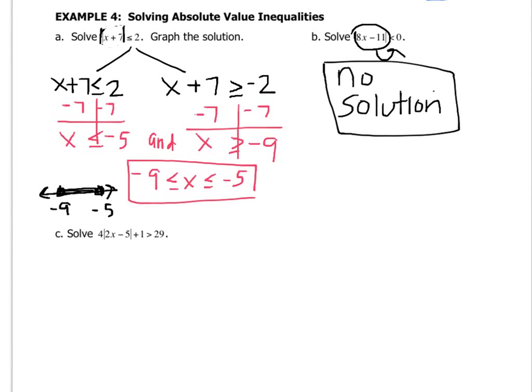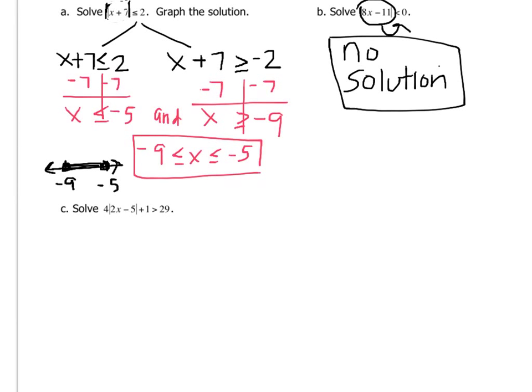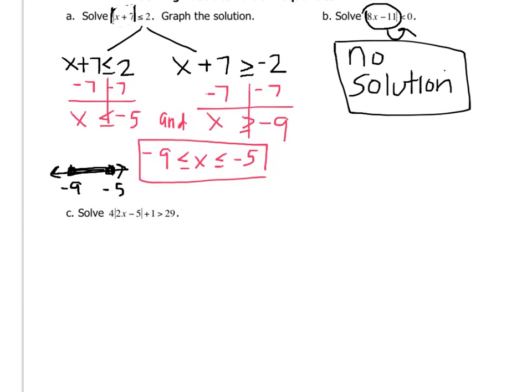In letter C, we have a lot of things going on. We've got multiplication, we've got addition. Just like if I had the equation 4x plus 1 is greater than 29, we would say, well, get everything away from the x, right? Subtract 1 and then divide by 4. You want to treat the absolute value as the x. You want to say, I can't touch it until everything is on the other side.